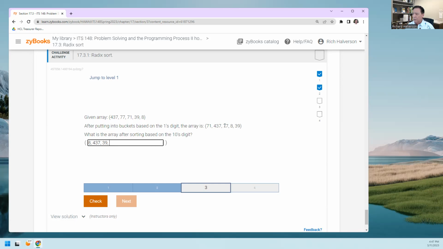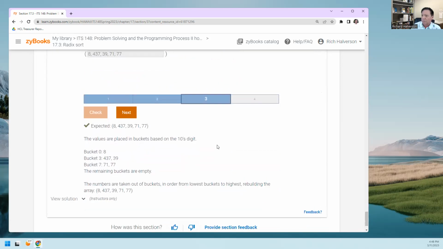The next are this 7 and this 7, so it's the 71 and the 77. Is that right? Yeah, it is.